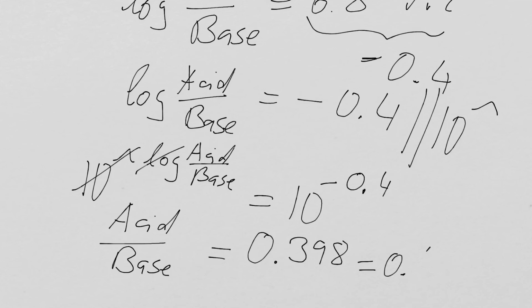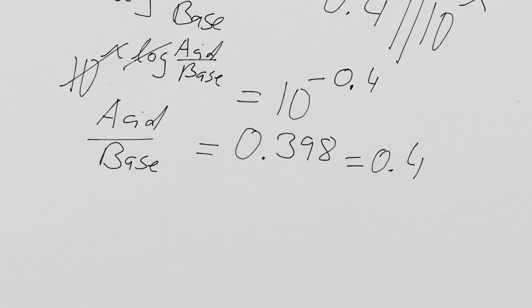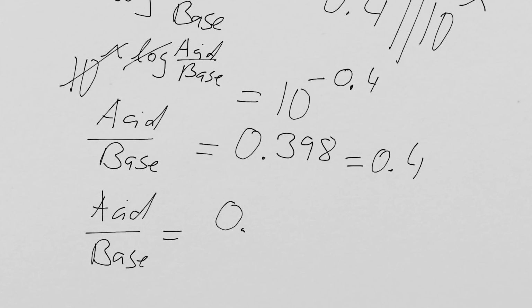So our ratio acid to base equals 0.4, or I can write this without a decimal as 4 parts of acid and 10 parts of base.